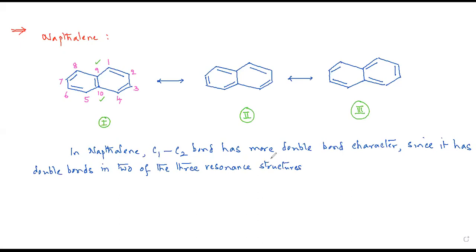Consider C2 and C3 also. See, when you go for C2 and C3, in two of the resonance structures, it has a single bond, and in only the third one, it has a double bond. Exactly opposite to this C1 and C2.